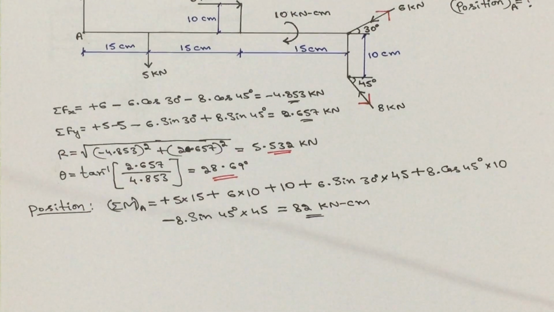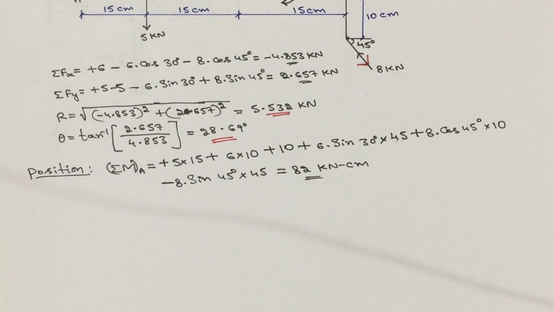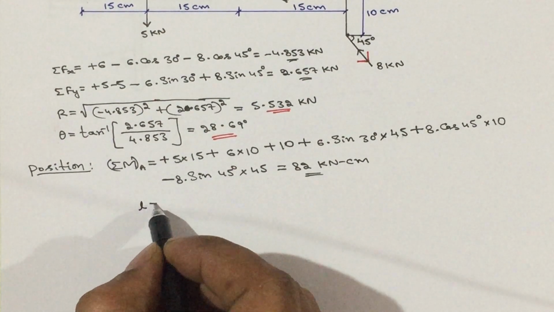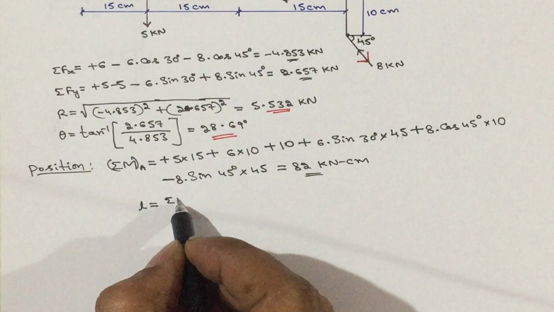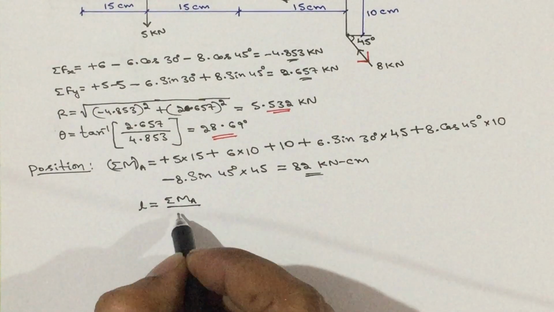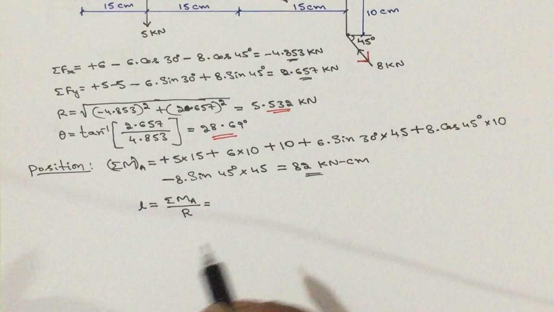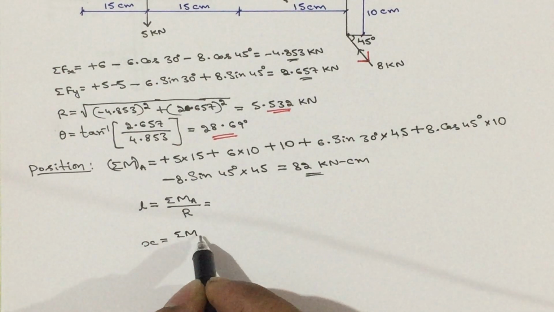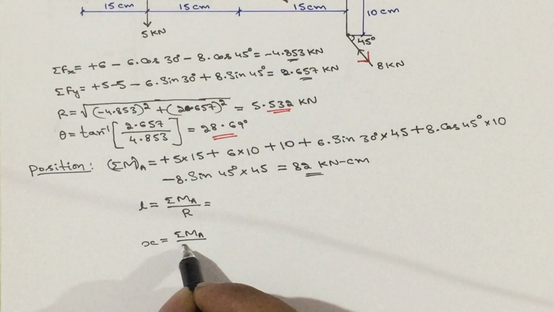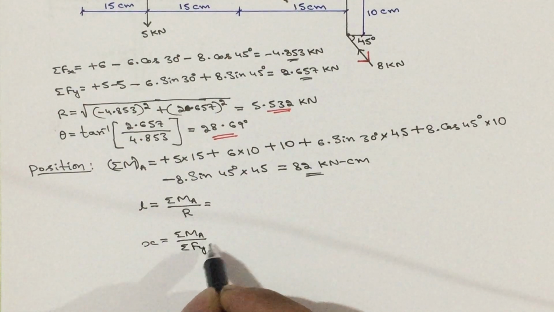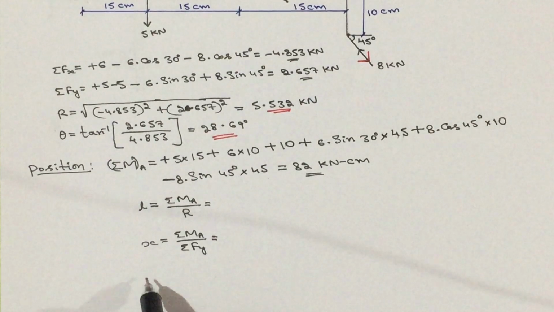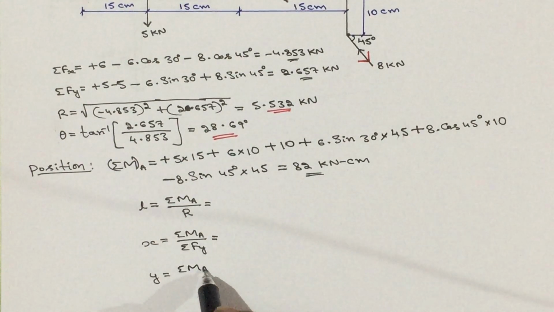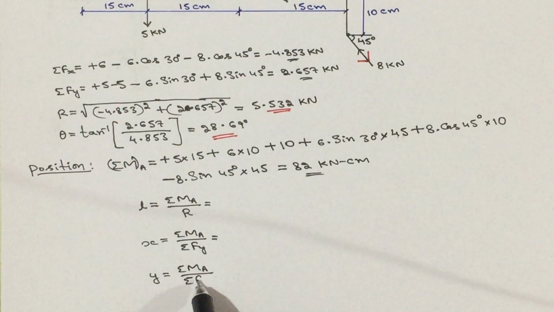Once you calculate sigma M, then the remaining distances are L, that is the perpendicular distance, given by sigma MA divided by R. Then x-intercept is given by sigma MA divided by sigma Fy. Then y-intercept is given by sigma MA divided by sigma Fx.